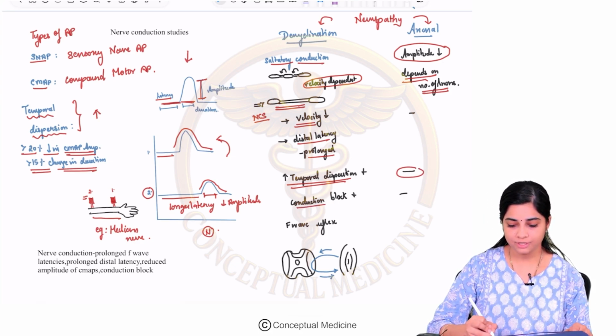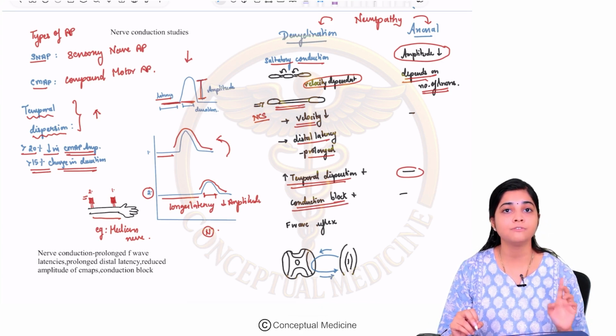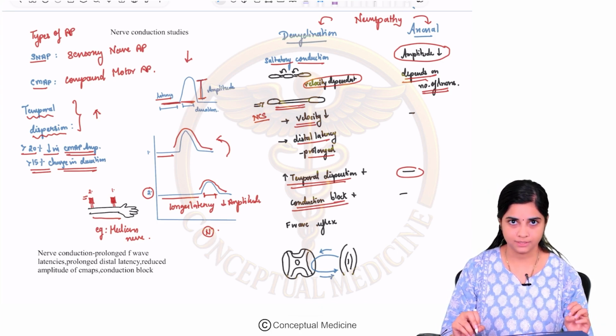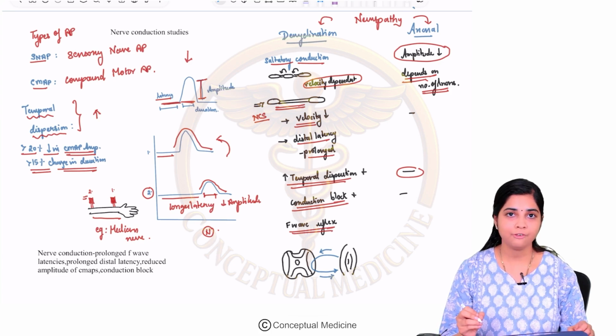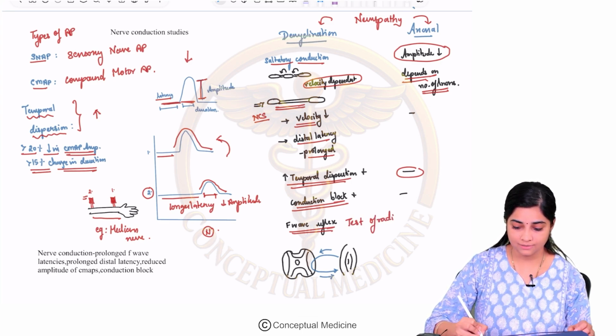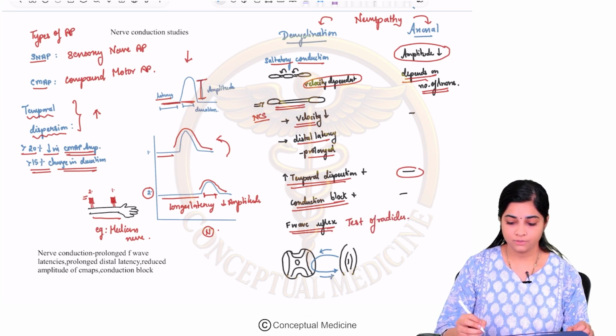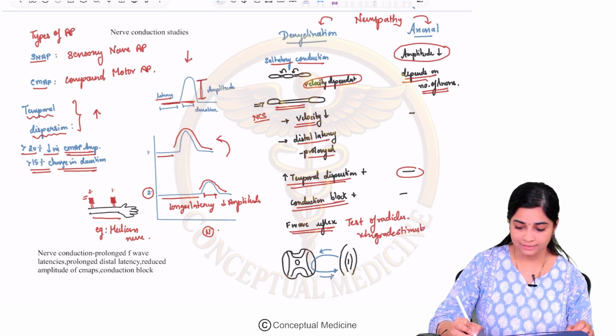Another characteristic feature that you will see in demyelinating neuropathies on your nerve conduction studies is the presence of conduction blocks. Okay, it is not there in your axonal neuropathies. Then we see something called F-wave reflex. F-wave is basically a test which is used to see the intactness of the radicals, right? So here you have a retrograde stimulation of the radicals.